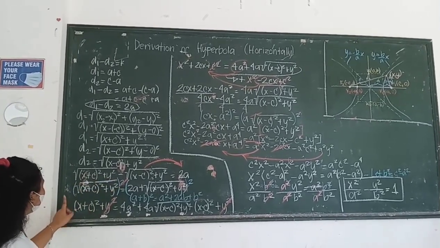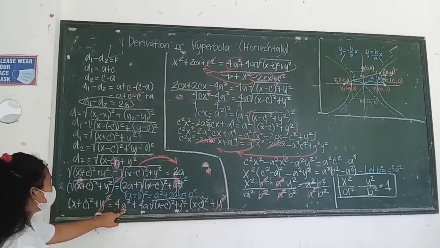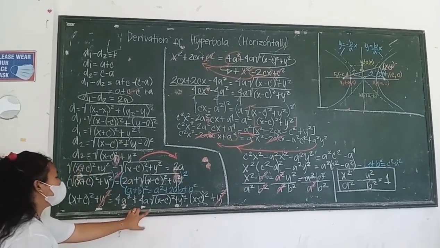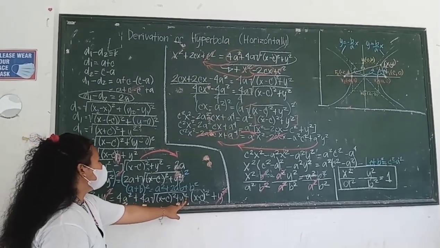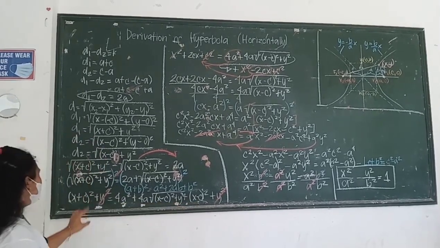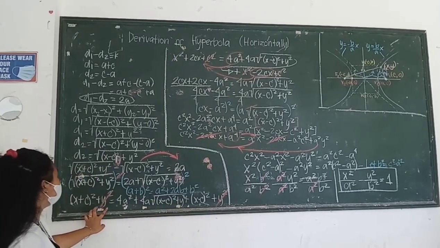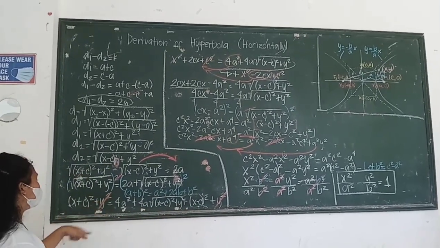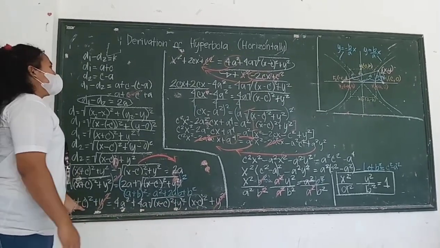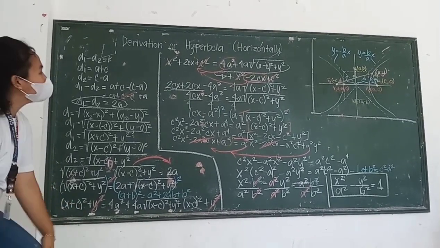So that will be the quantity x plus c squared plus y squared is equal to 4a squared plus 4a times the square root of the quantity x minus c squared plus y squared plus x minus c squared plus y squared. We have here y squared with the same values, so we're going to cancel them out. As a shortcut, I have written this in an expanded form.